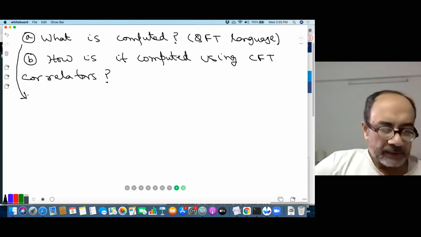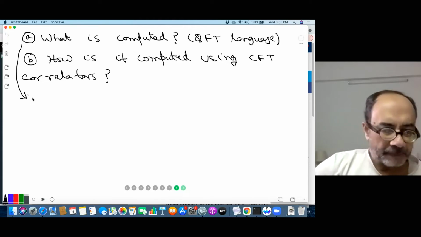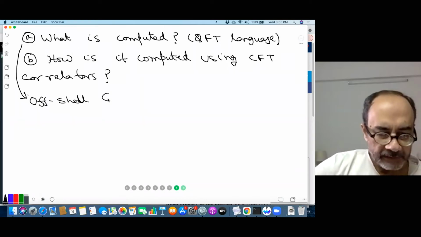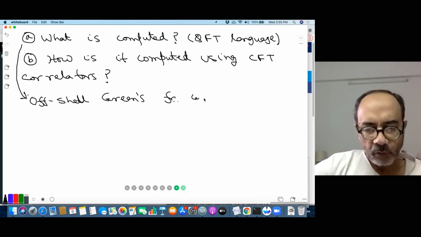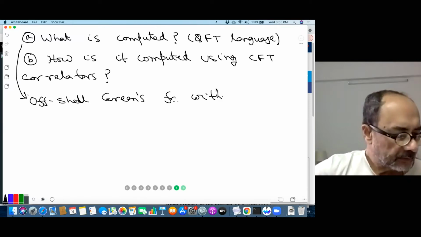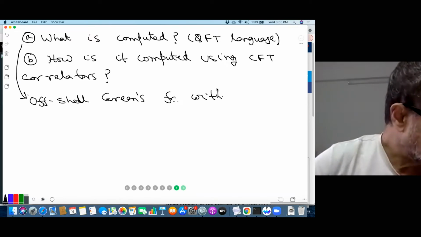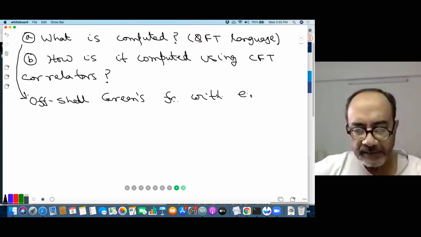So what is naturally computed in terms of CFT correlators is the following. Okay. What we compute is an off-shell Green's function with external tree-level propagators removed.